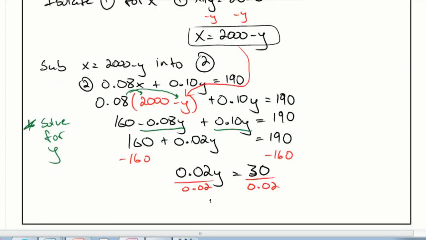Which gives me y is equal to 30 divided by 0.02, which is going to be 1,500, I believe. Double check that on my calculator. 30 divided by 0.02, yes, 1,500.